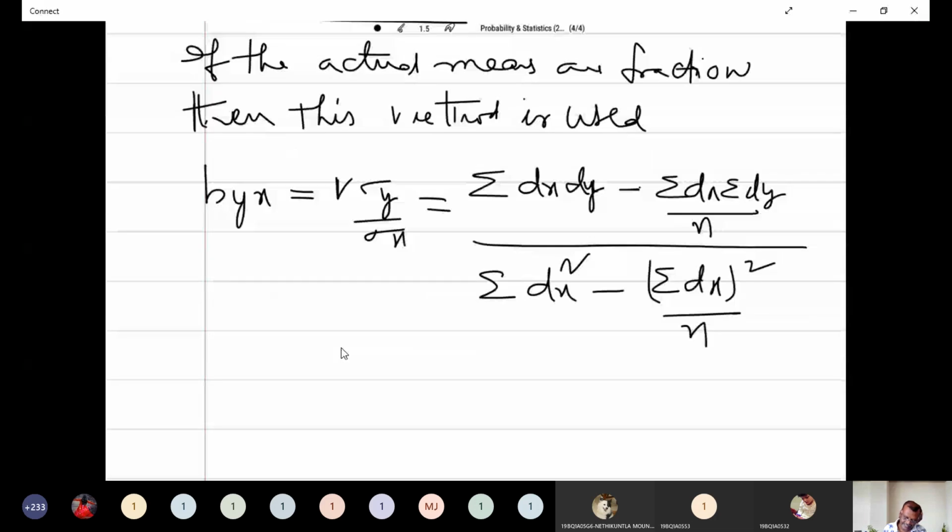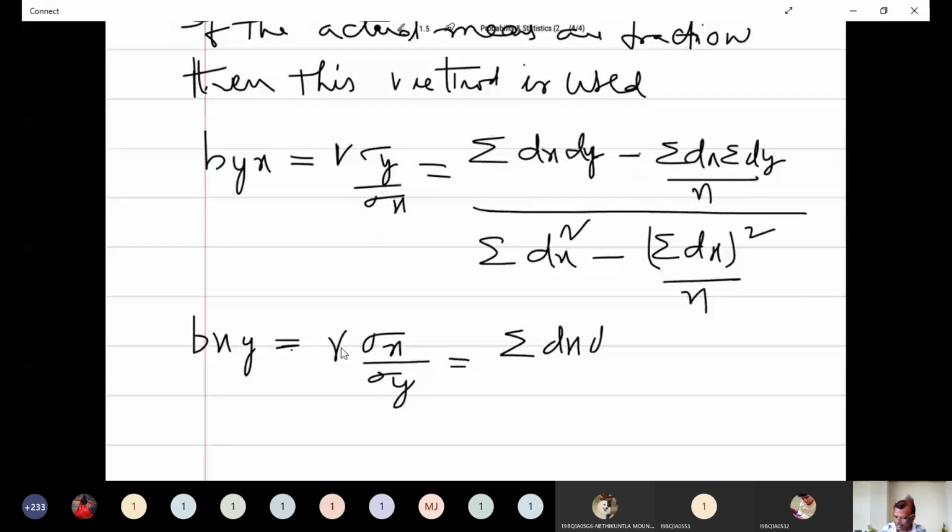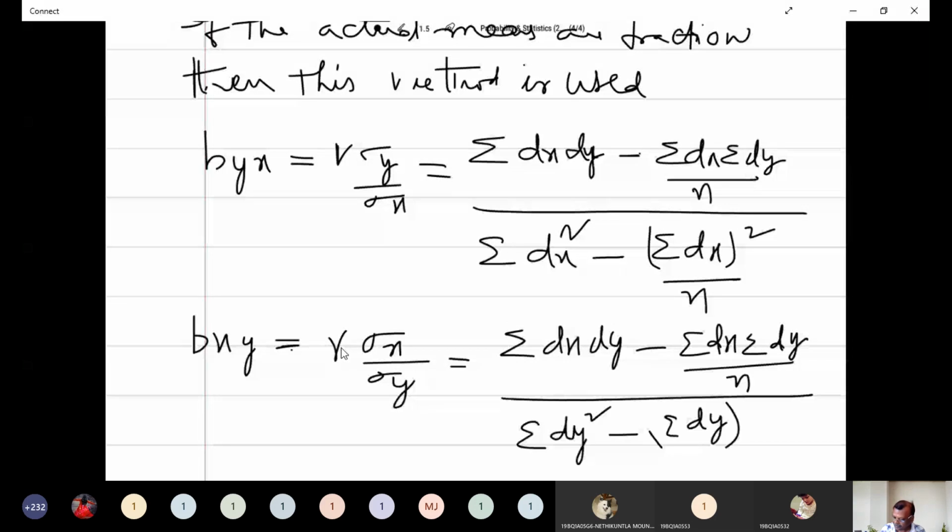Similarly, regression coefficient x on y. bxy is equal to r into sigma x by sigma y, that is equal to summation dx dy minus summation dx into summation dy by n, whole divided by summation dy square minus summation dy whole square by n, right?